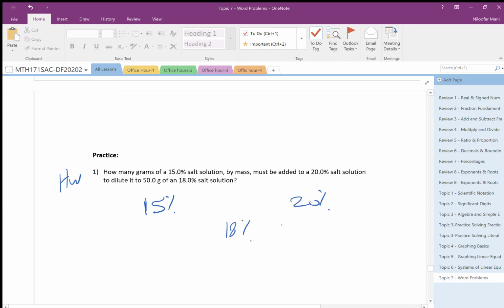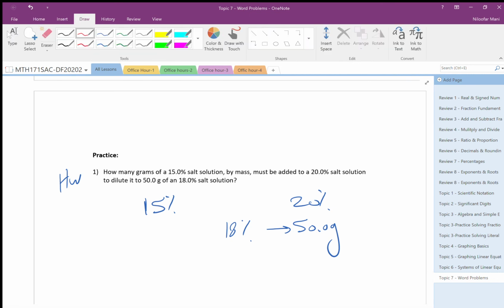How much do you want? 50 grams. So you want to know how much of each. That's X of this and that's Y of this. Which one more? So the question makes sense. From which one do you need more? For sure from 20% because it's closer to 20%.